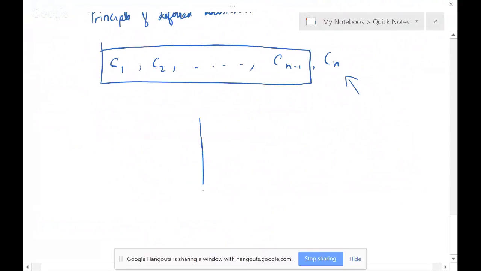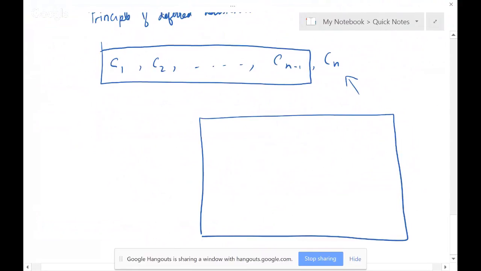We are taking the universe and breaking it into, or partitioning it into, 2 raised to the n-1 parts. So let's look at one such part.